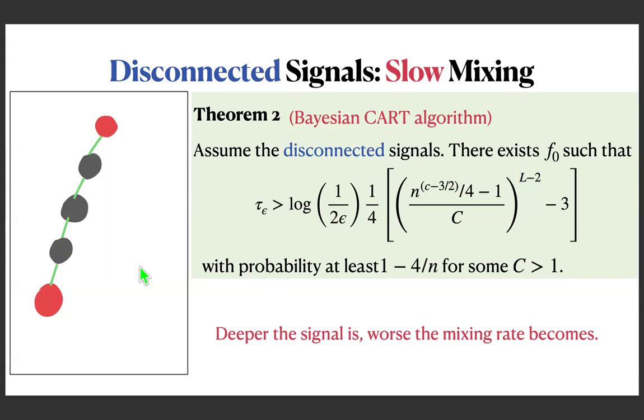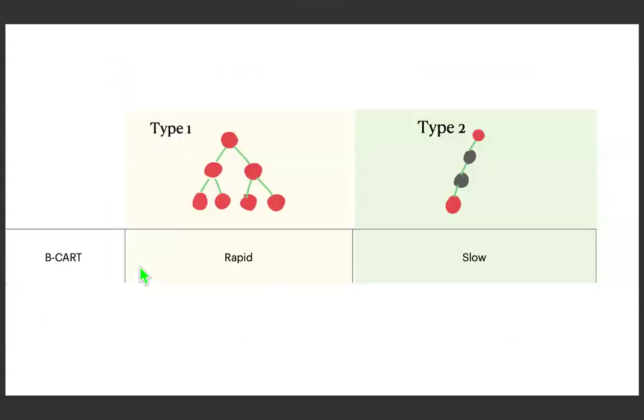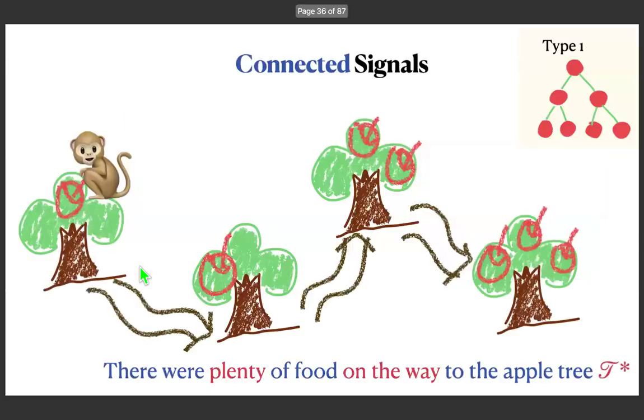To summarize, when the signals are connected, we have rapid mixing, and when they are not connected, we have slow mixing. I want to first explain why that happens by using an analogy to build some intuition before we jump into more technical details.